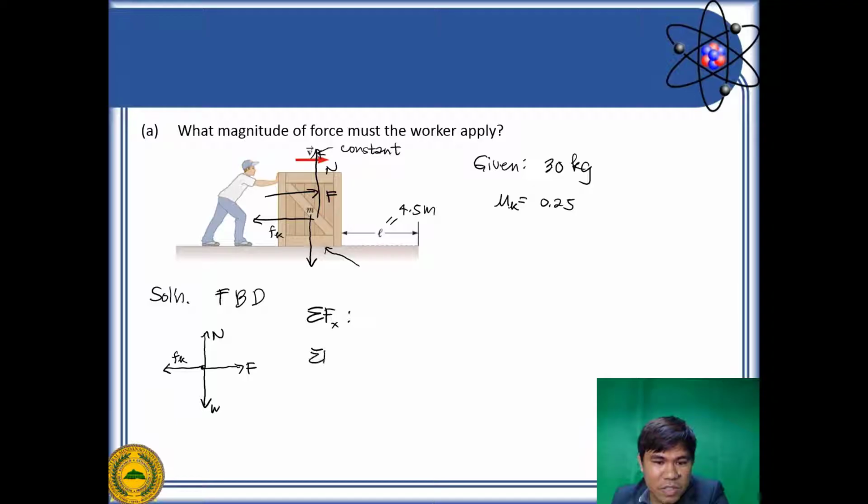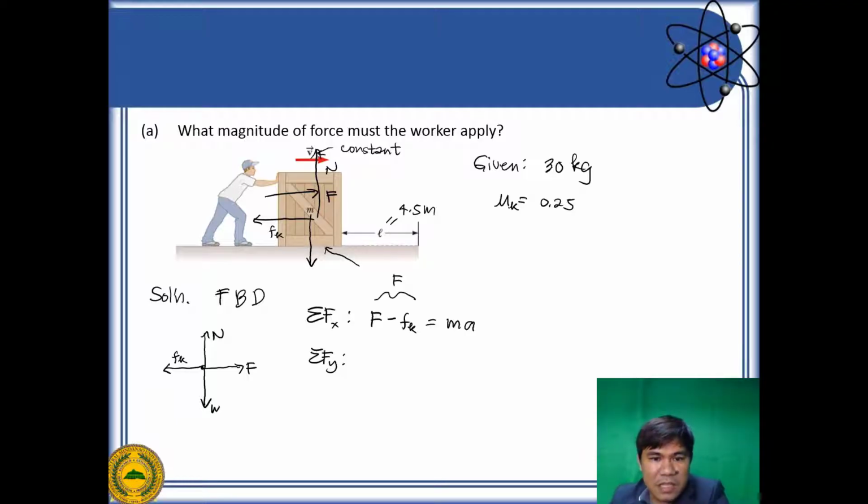So we have the summation of forces along x and the summation of forces along y. Along x, we have the force F on the right, minus the kinetic friction, since the kinetic friction points to the left, and that should be equal to mass times acceleration. Notice that the left-hand side is the net force along the horizontal line, and we have ma. This is by virtue of Newton's second law.